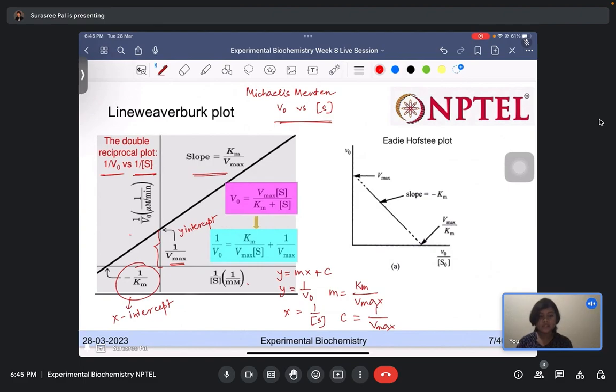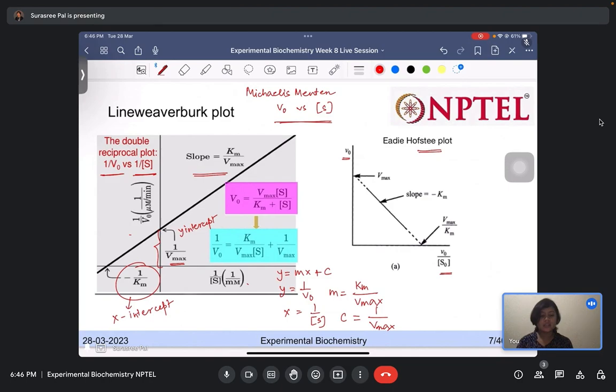Now Eadie-Hofstee also has given us a linear plot of the Michaelis Menten equation, and they have plotted V0 versus V0 by substrate concentration, that is, velocity versus velocity by substrate concentration.